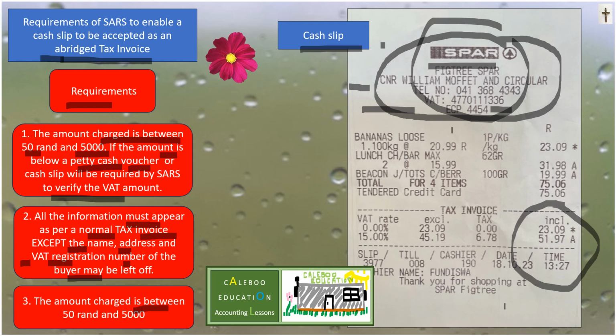And the amount charged here is between 50 Rand and 5,000. So a cash slip can be an abridged tax invoice if the amount is between 50 and 5,000 Rand. The details of the buyer, the name, address and VAT registration number can be left off. So this cash slip is an abridged tax invoice according to the criteria of SARS.